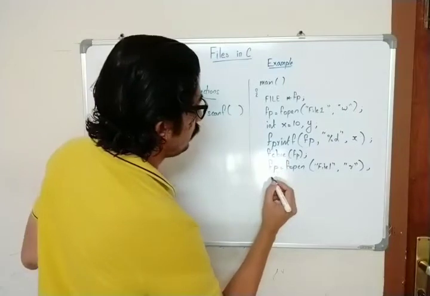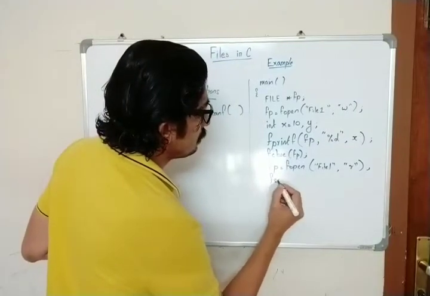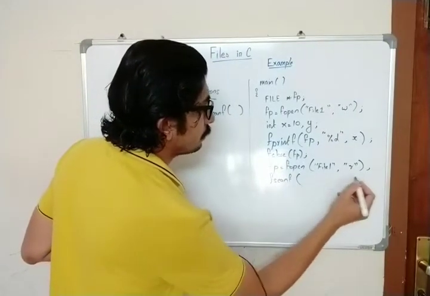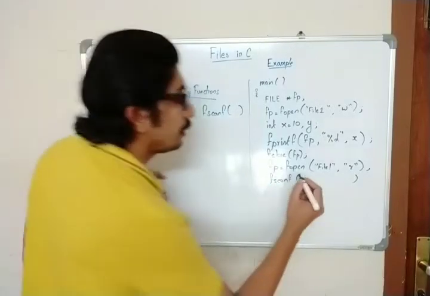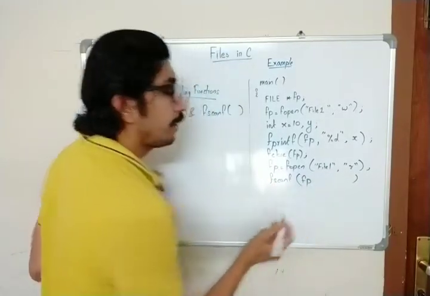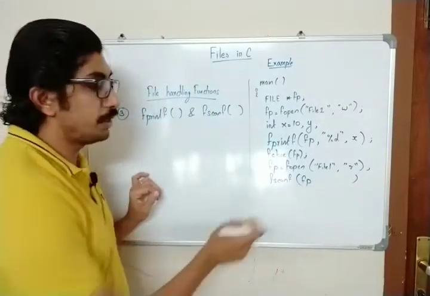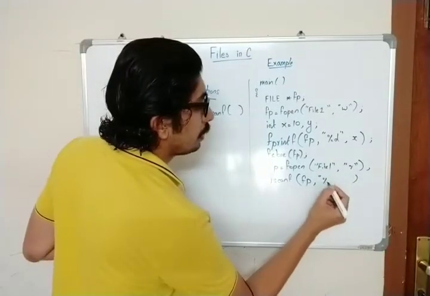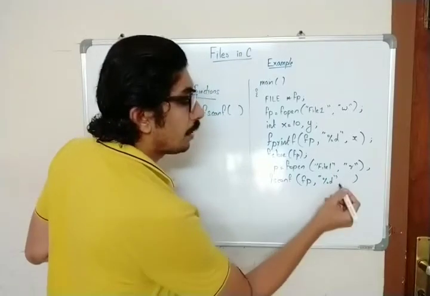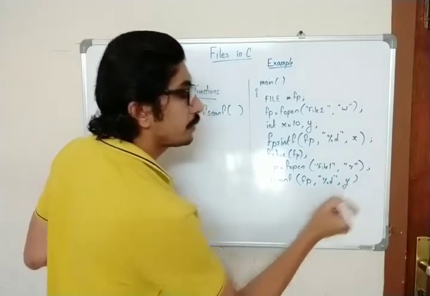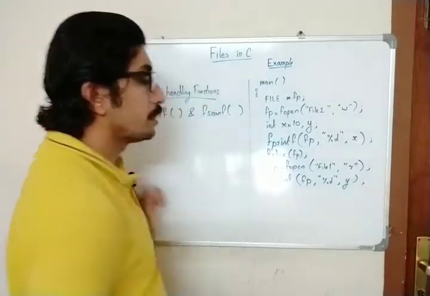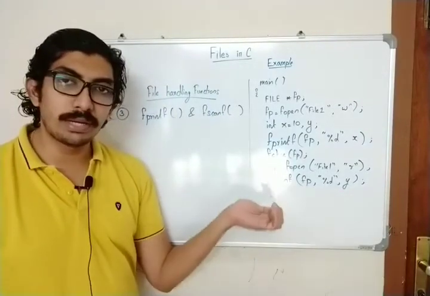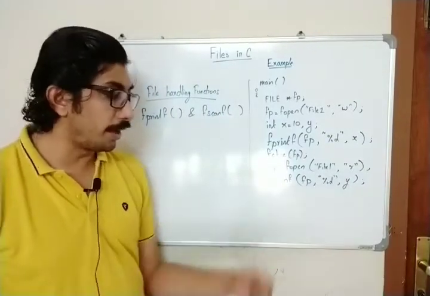So we will write fscanf, from where we are going to read, which is the file pointed to by fp. First we write fp. What is the format? It is the format %d. Where do you have to store? I have to store it in variable y. So the value 10 will be read and stored in y.